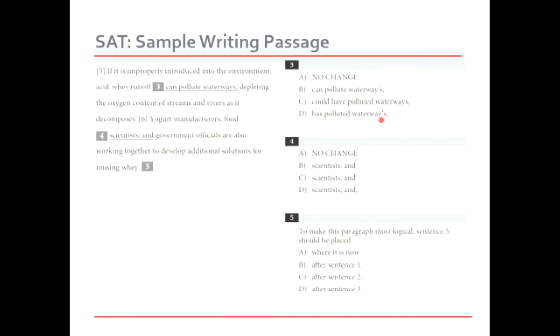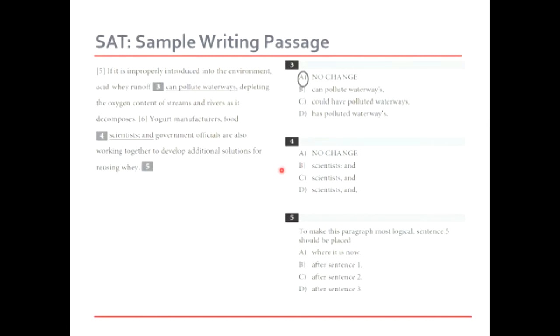Once again, an unnecessary apostrophe showing no relationship with the rest of the sentence, and we do not need it over here. So the right answer for us is no change, because the original sentence is absolutely correct. There is no grammatical error, there's no punctuation error over here, the comma is appropriately inserted, and there's no possession over here either.